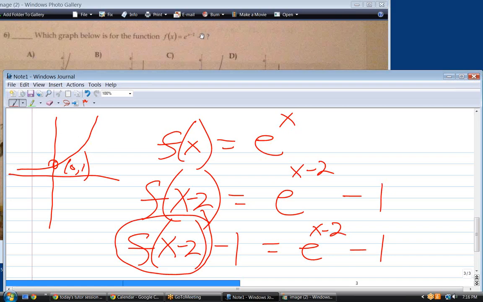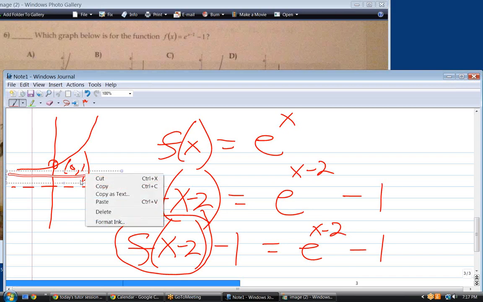So this minus 1 moves that horizontal asymptote down 1. Now I want to draw my e to the x function based on this horizontal asymptote. It wouldn't go through this point, it would go through this point. Right. Now I got to move that 2 units to the right also.